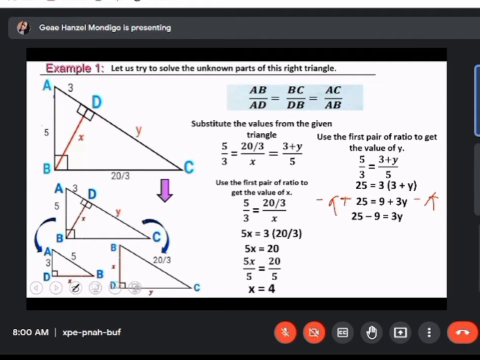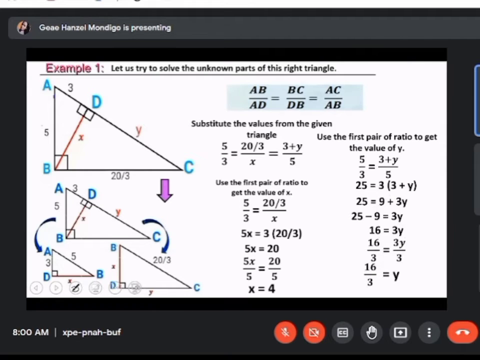We have 25 minus 9 is 16, equal to 3y. Then divide both sides by 3. Then our y becomes 16 over 3. So we have now the value of y.